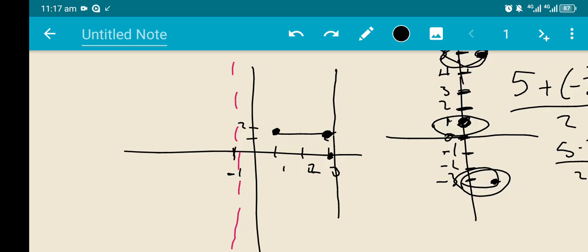Meaning, starting from here, which is the focus, we're going to move units at the top and at the bottom. So this is 3, this is 4, this is 5. Let's move 2 units up, that would be 3 and 4. Then let's move 2 units downwards, 1 and 0.